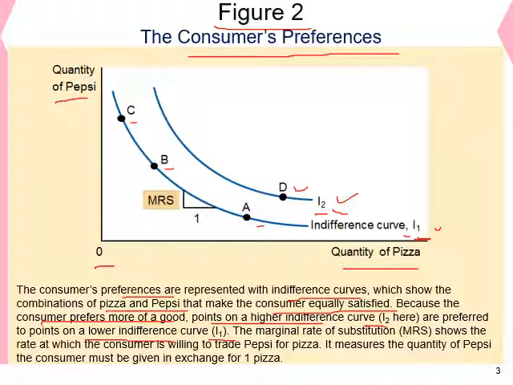The marginal rate of substitution, MRS, shows the rate at which the consumer is willing to trade Pepsi for pizza. It measures the quantity of Pepsi the consumer must be given in exchange for one pizza.